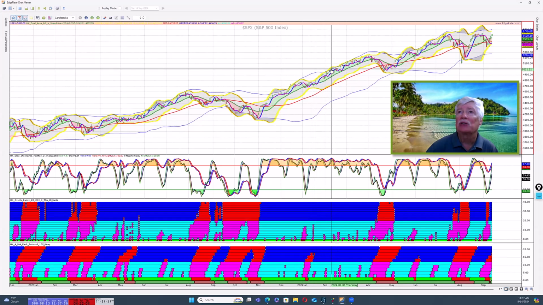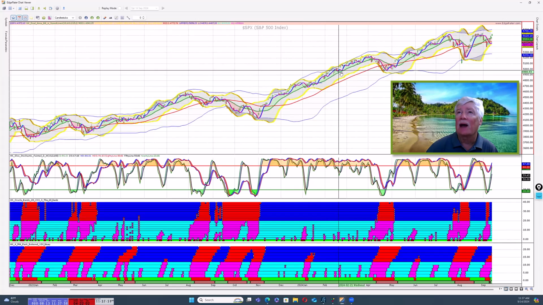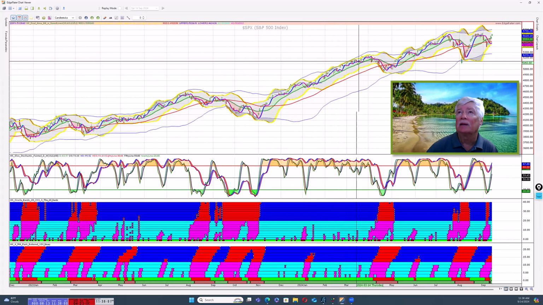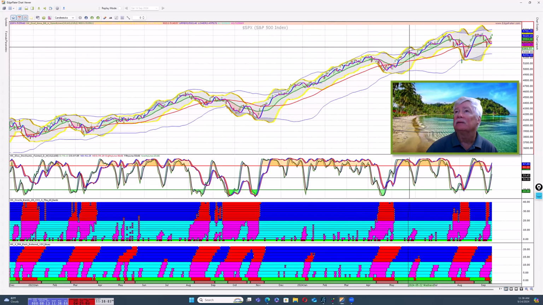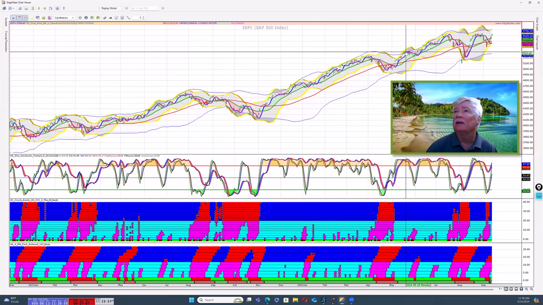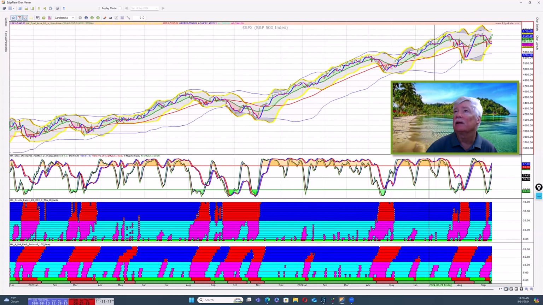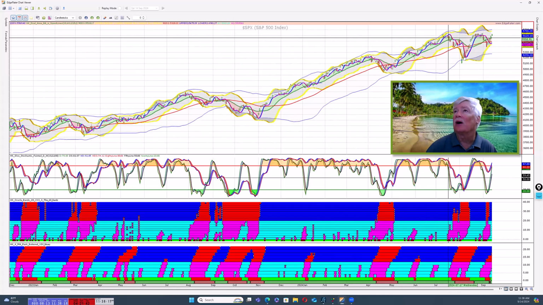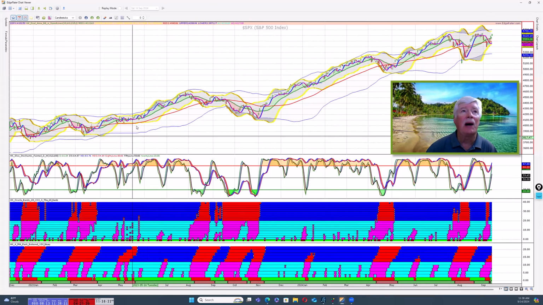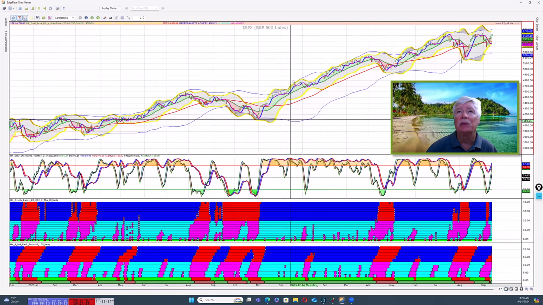Here it got a little extreme, went sideways to the 20 and continued its move up. Again, this area, it was going to pull back sideways. Again, right here, it went a little extreme, went sideways. Finally, it sells off.